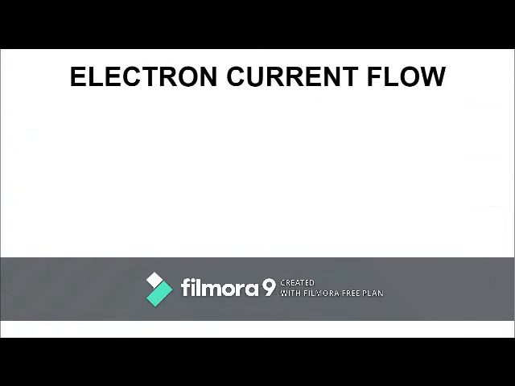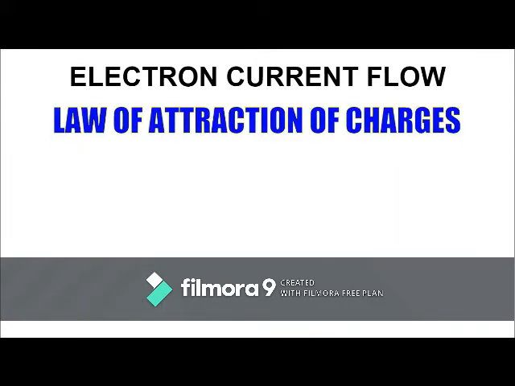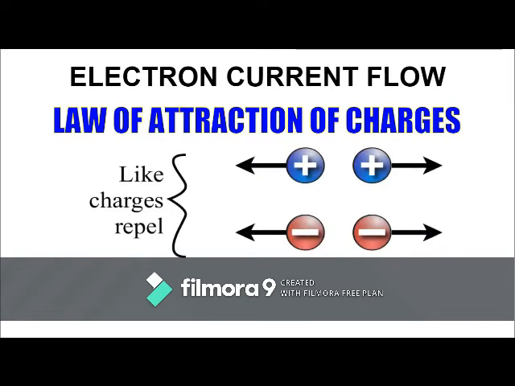The next concept that we have to understand for the electron current flow is the law of attraction of charges. We have to understand the two basic laws. The first one is that like charges repel.